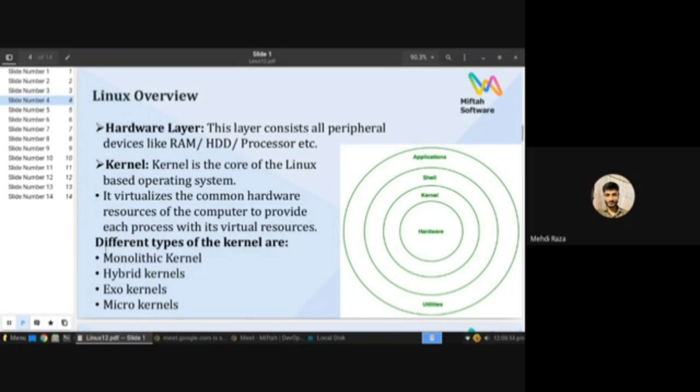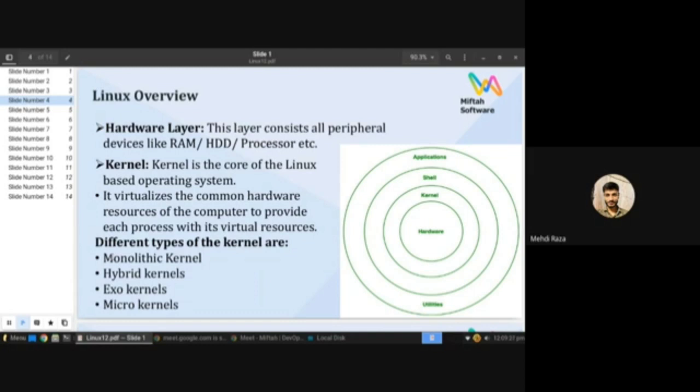Similarly, we have different types of kernel. First, we have the monolithic kernel. The monolithic kernel is simple, because all the Linux-based operating systems we are using have the monolithic kernel. It has all the code in one place, which means we don't need to go anywhere else.